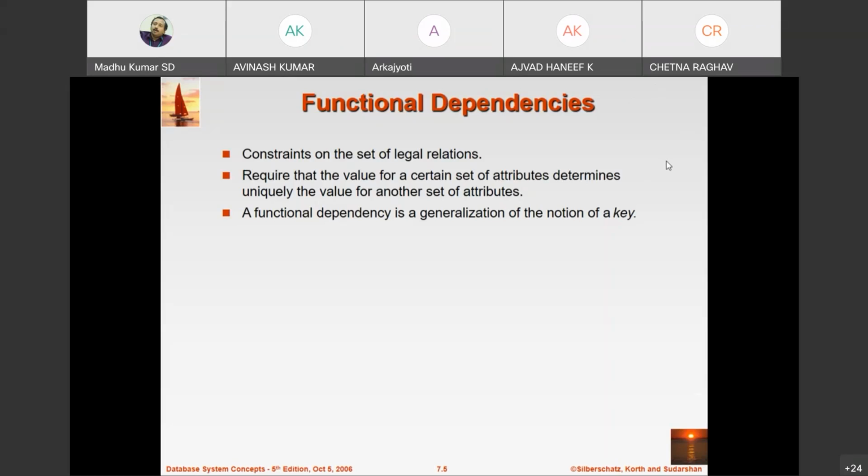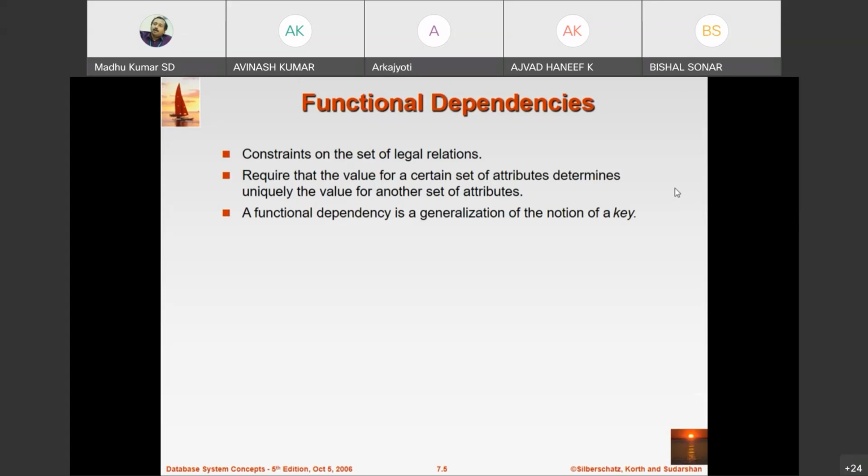There can be another case also. For example, roll number determines mobile number. In that case, can we say that mobile number determines the roll number? Vishal, suppose every student has a unique mobile number.